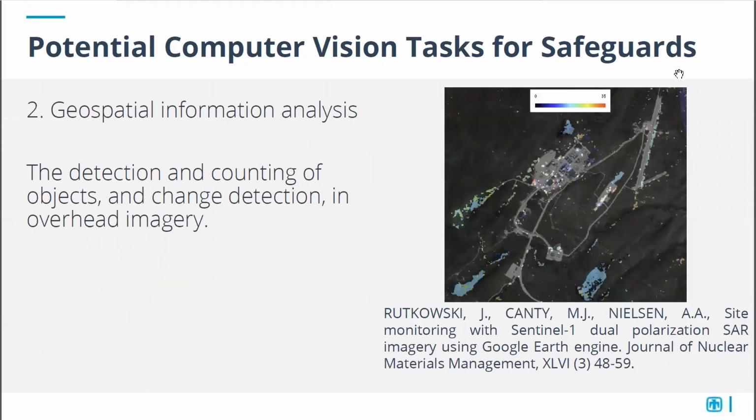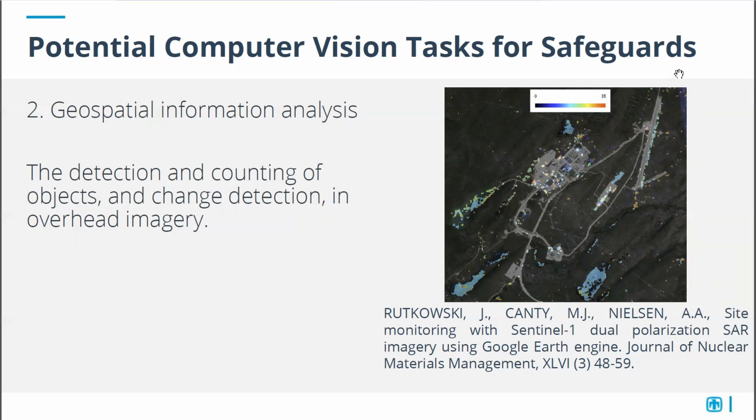Another potential application for computer vision for safeguards comes from satellite imagery analysis. As I mentioned, as we get these small satellites going up with potentially very high revisit rates over nuclear facilities, where maybe we could monitor decommissioning activities or installation of big equipment, the frequency with which the IEA purchases satellite imagery might increase quite a bit.